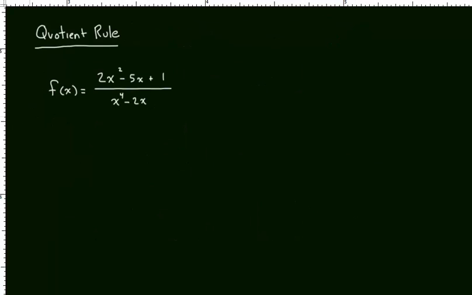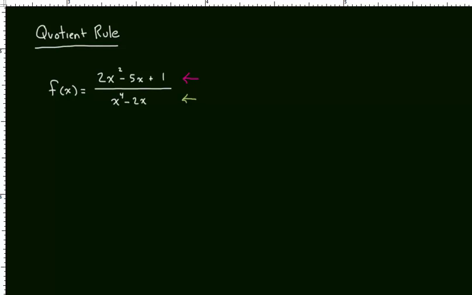Next, we look at the quotient rule. In the quotient rule, we have a quotient. We have a numerator, which I'll call the top, and we have a denominator, which I'll call the bottom. Here's how the derivative works. Be able to sing this song in the way that I'm singing it.